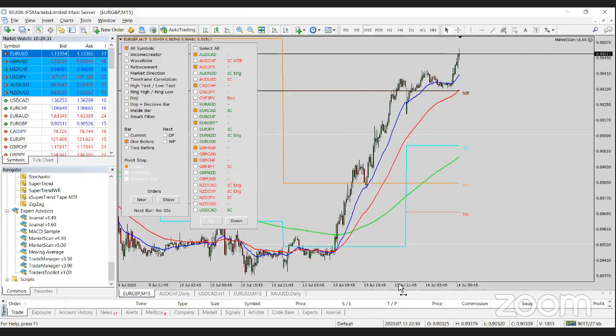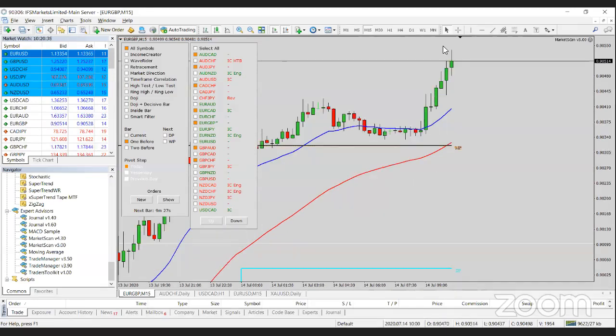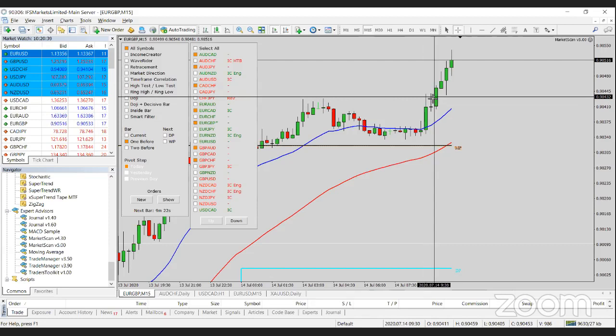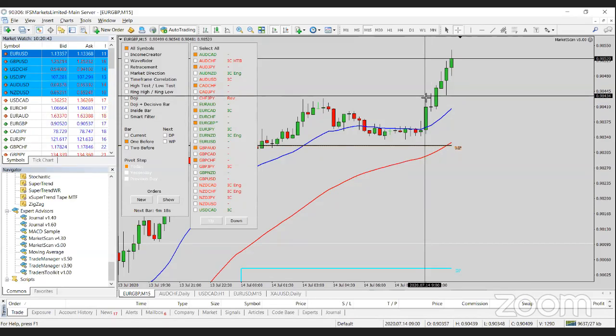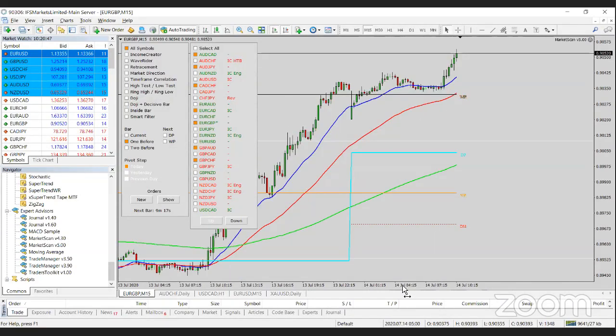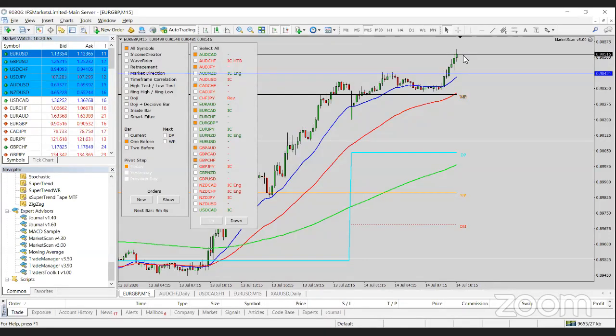So price has already been on the move for today. It started this run much earlier this morning. But again, if price does pull back, and hopefully towards this previous high level, if it pulls back towards here and bounces at this point, then I'll be considering getting in long.